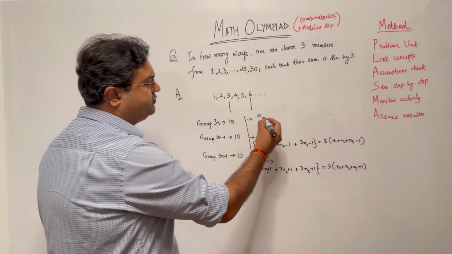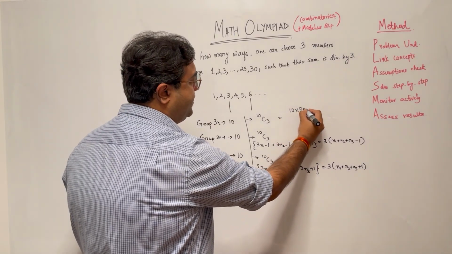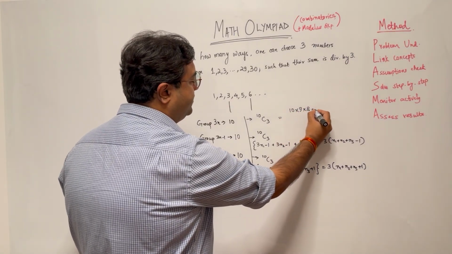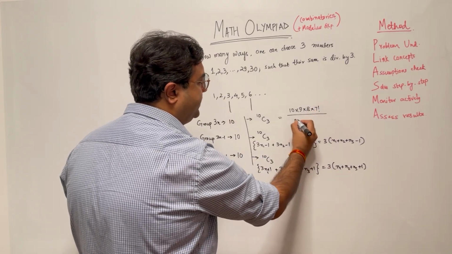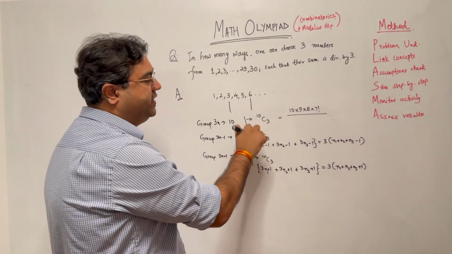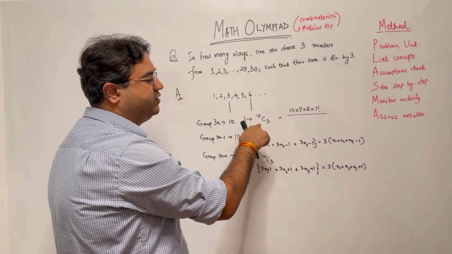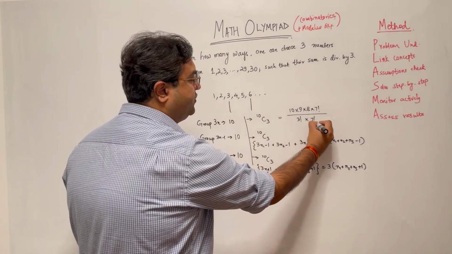Okay. So let's see, 10 into 9 into 8 into 7 factorial divided by, so how the combinatorics is expanded is 10 factorial divided by 3 factorial times 7 factorial.